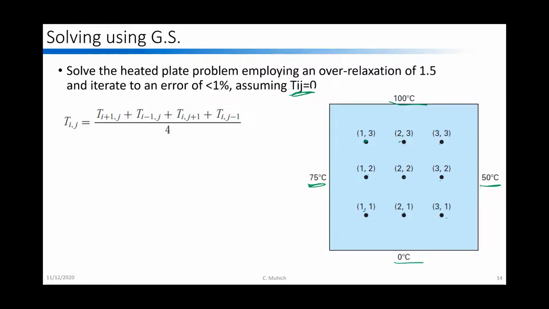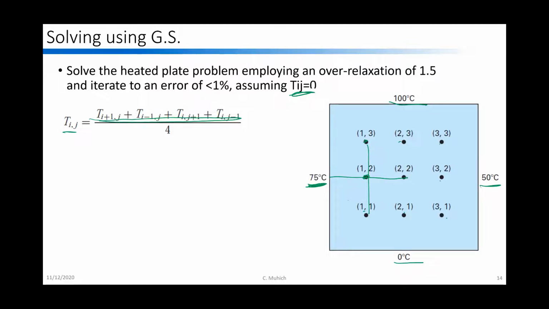This is not a very good guess, right? Because if you just sort of look at this functional form, we can see that Tij, so each of these points, is essentially the average of the points surrounding it.